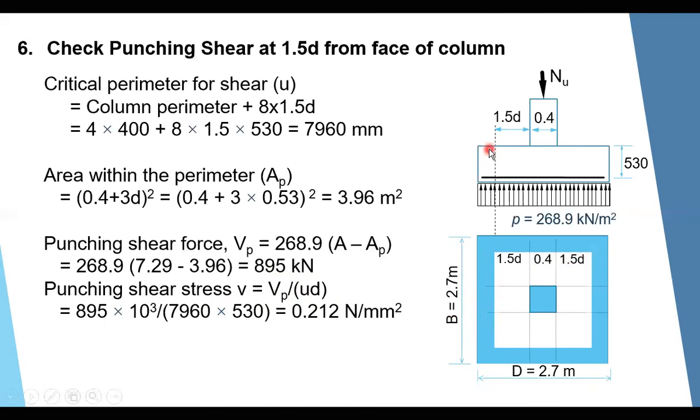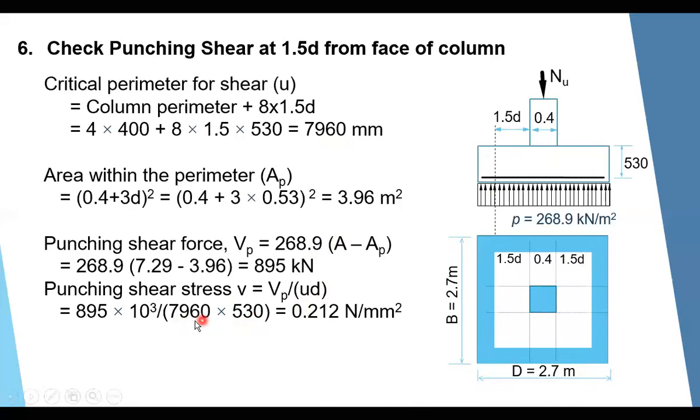It will go through the depth of the footing at this perimeter. So the area that the punching will go through will be the depth of the footing, this depth here, times this perimeter. So it will be U, the perimeter that we calculated, in millimeter, times D, which is 530 millimeter.